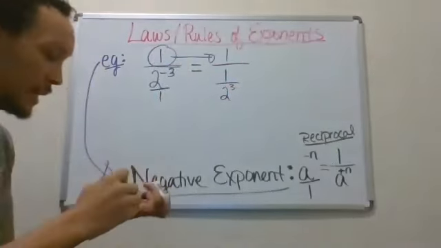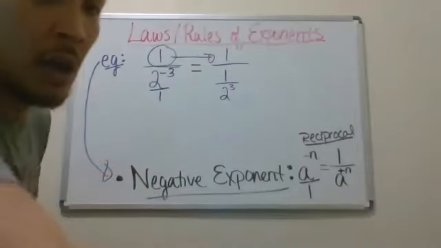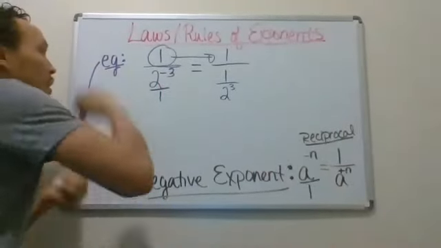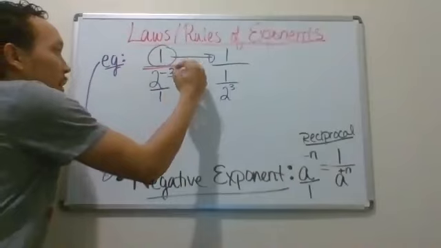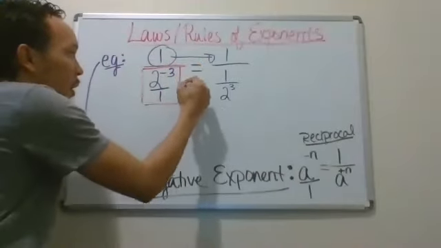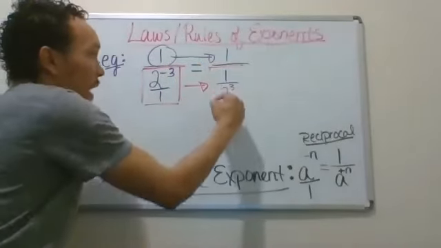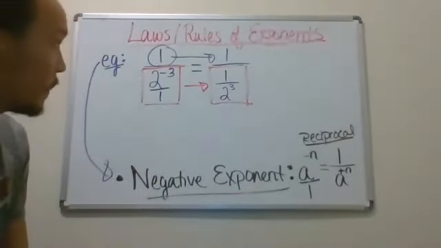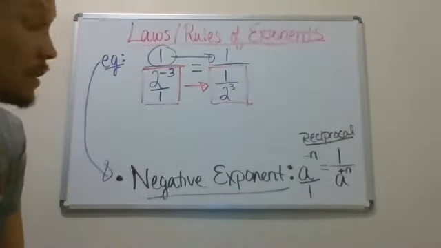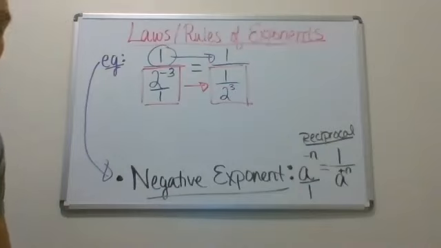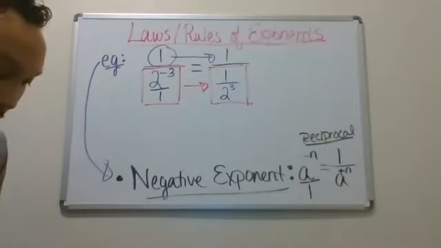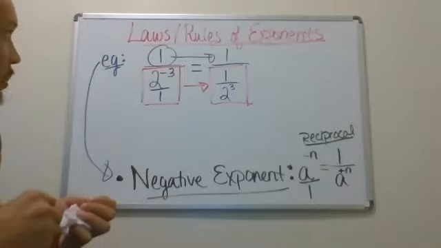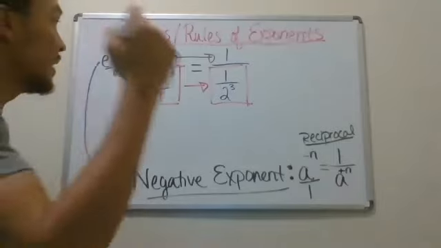So we utilize the negative exponent law only in the denominator. Only in the denominator. We utilize our negative exponent law, not negative reciprocal law, sorry. Negative exponent law, that's what we utilize. And so now we have two fractions dividing each other, because we can rewrite 1 as a fraction.